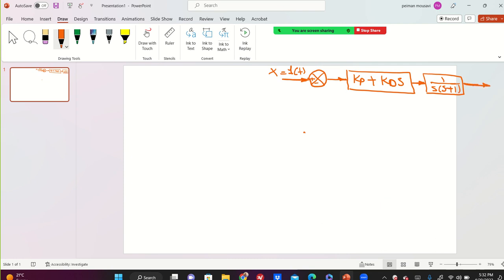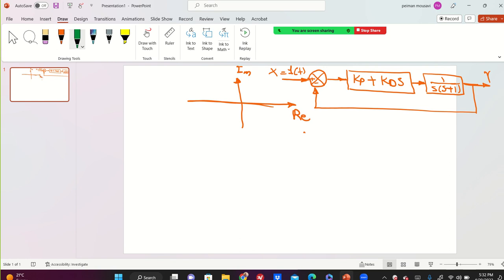And we saw that the system originally had a pair of complex conjugate poles.